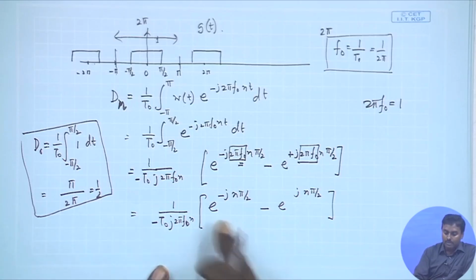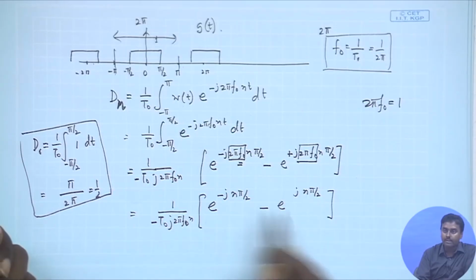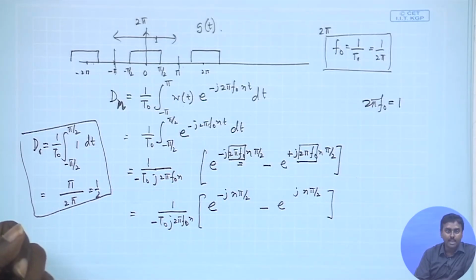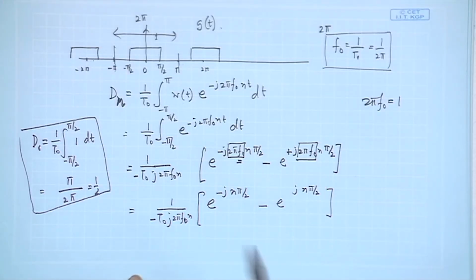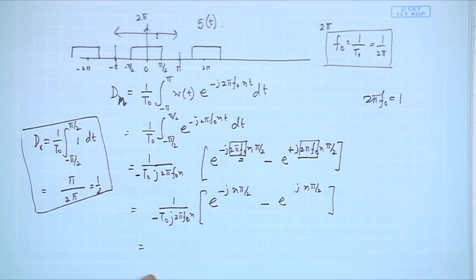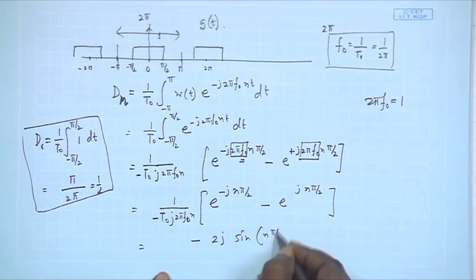So just put Euler's theorem again. You will immediately see that this becomes minus 2j sine. Sorry, the j part will be there because it is minus. So it becomes minus 2j sine n pi by 2.